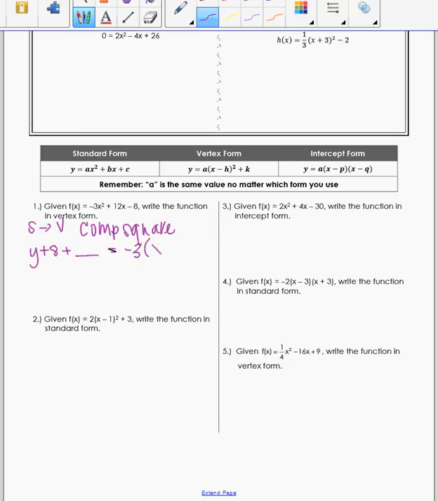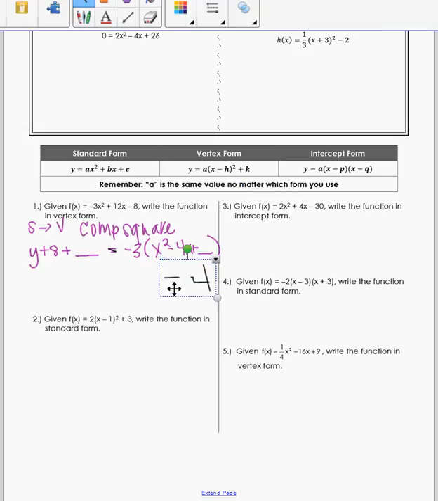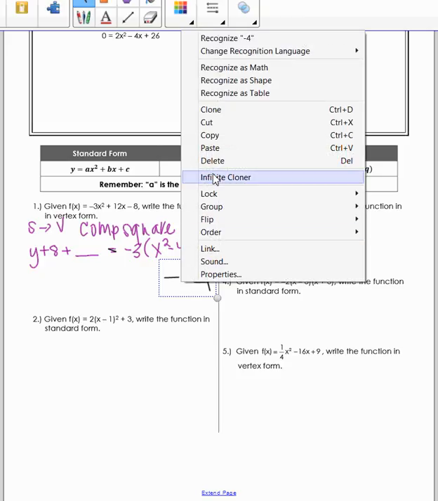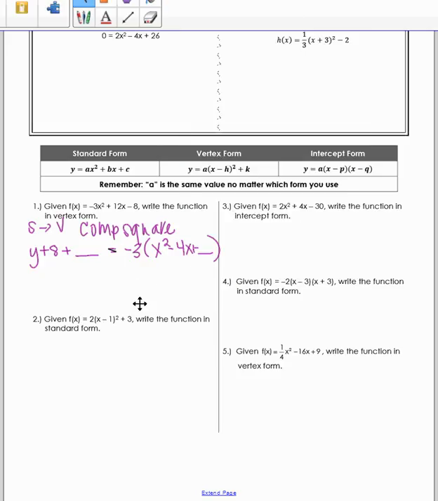You need an x squared to be able to complete, so x squared, and then you're going to have a minus 4x plus a blank. Here you want to be careful when you factor out that negative 3, so that when you go back in, negative 3x squared, and then negative 3 times negative 4 is a positive 12.